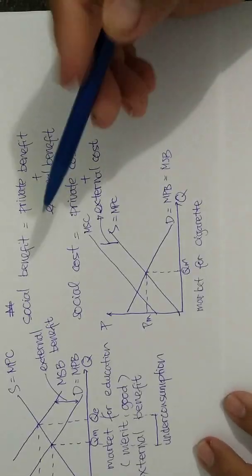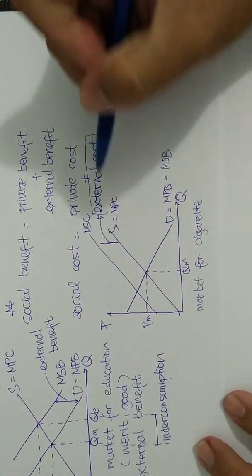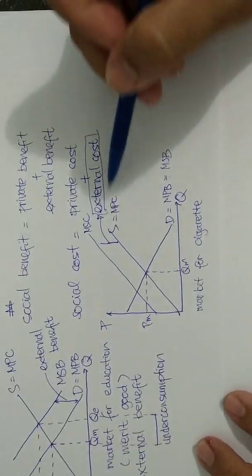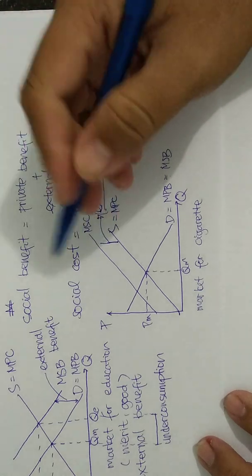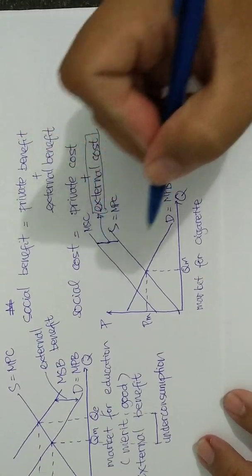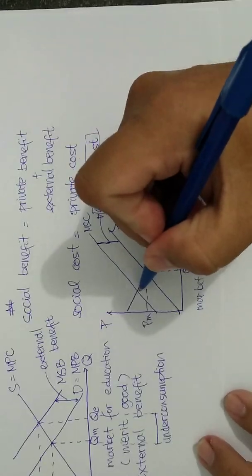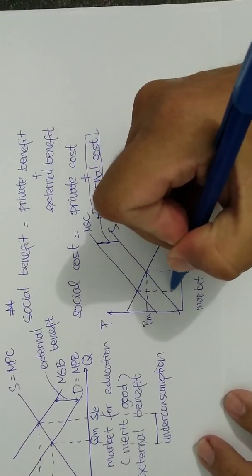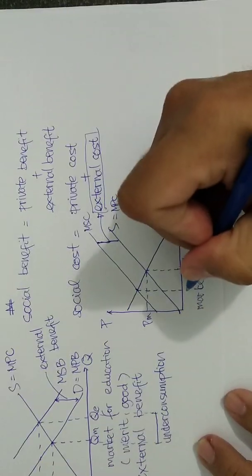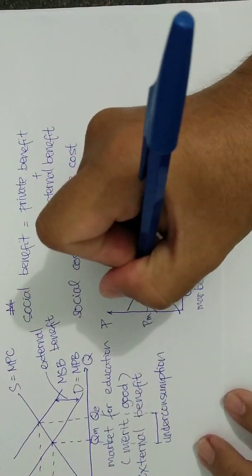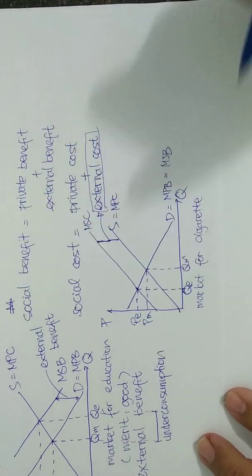This price and quantity does not incorporate external cost, because if the sellers and buyers realize about the external cost, they should have been transacting this product over here at QE at this price level, PE.